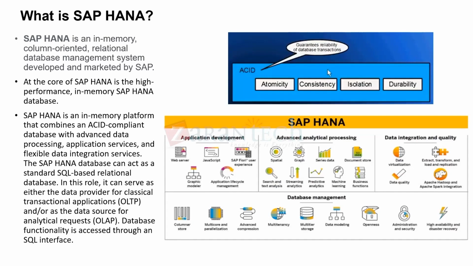Due to this, the HANA database is widely used across lots of other applications, SAP applications as well. The benefit is whenever the information in that particular system is retrieved, it gets reflected very fast. Its response time is very quick.